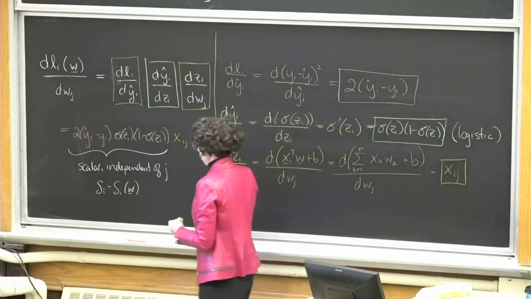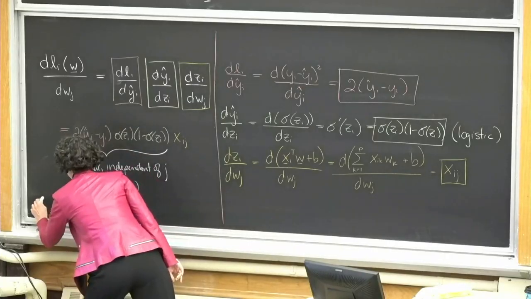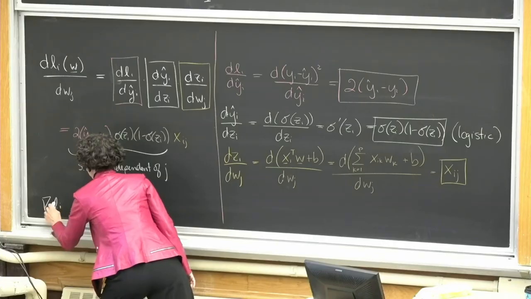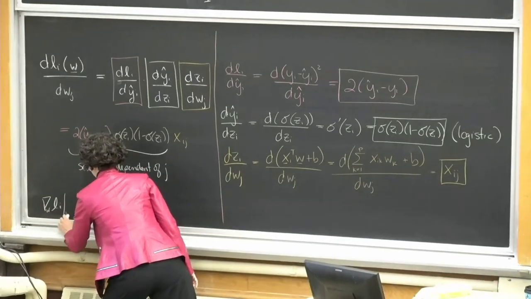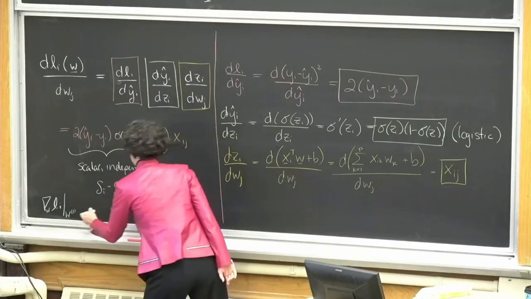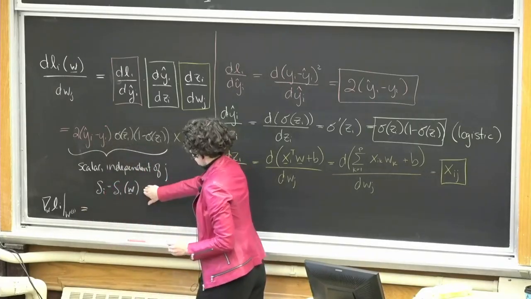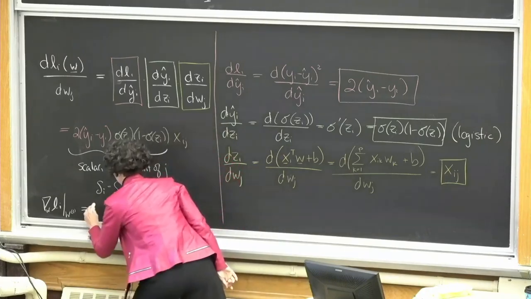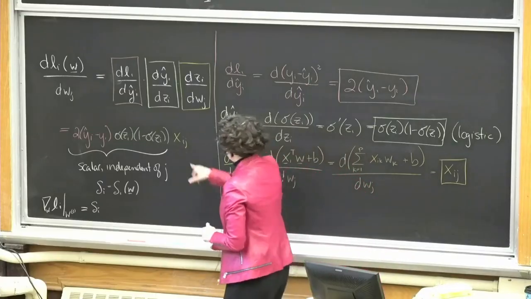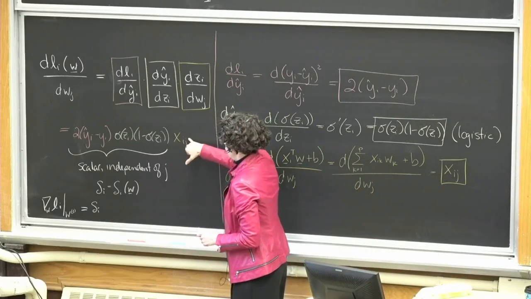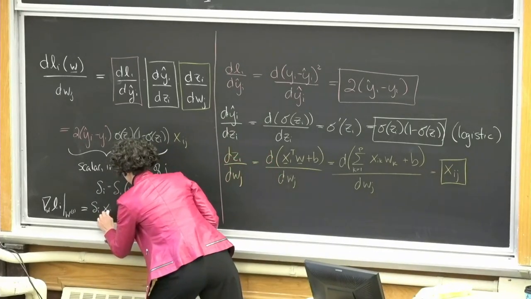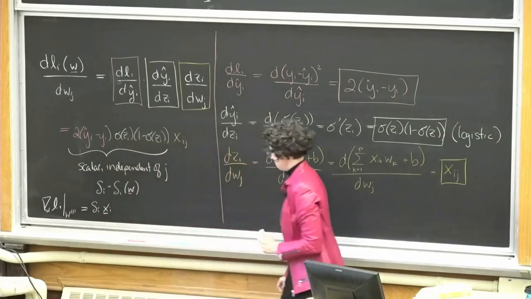And so now I can put all of the pieces together and I can say the gradient of Li with respect to w evaluated at wt is going to be equal to this delta i that we just derived times a vector where the jth element is xij, and so that vector is simply my sample feature vector xi.